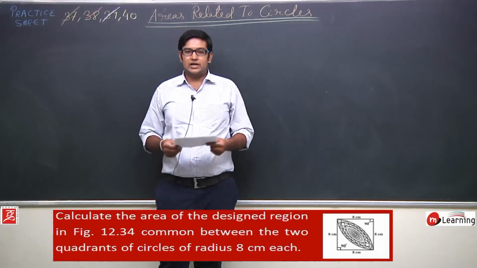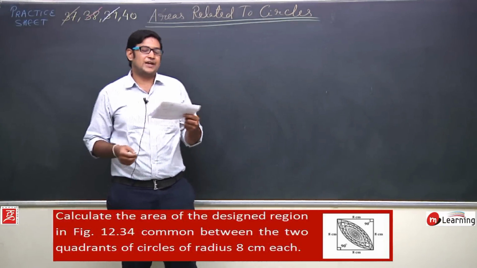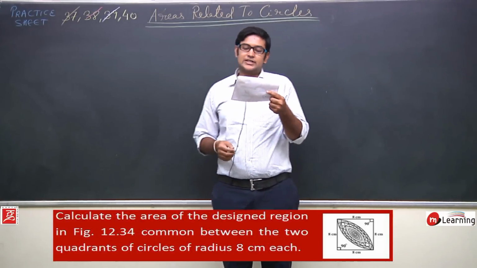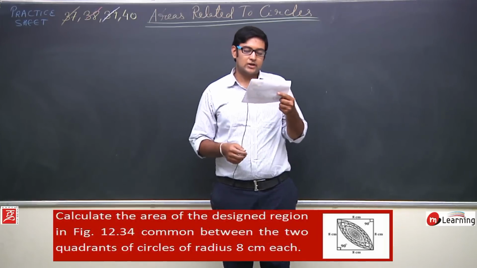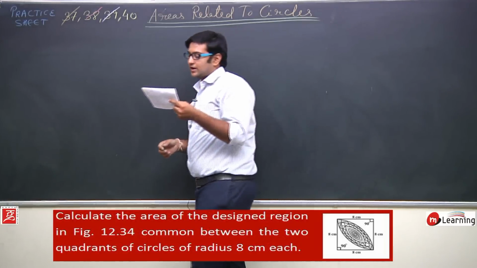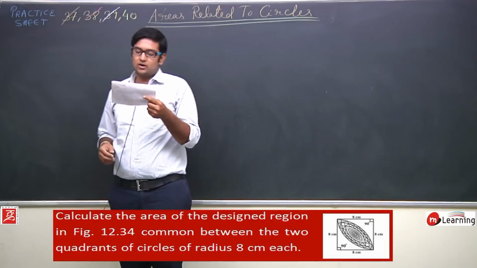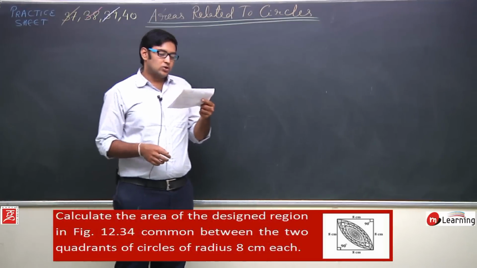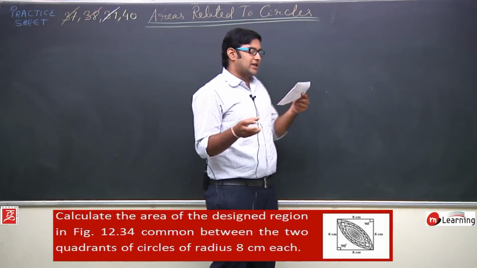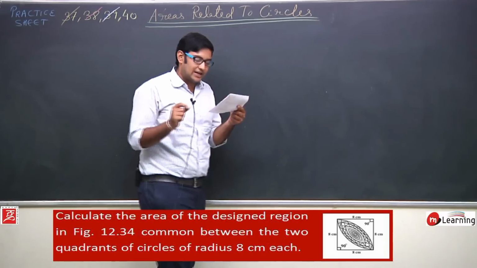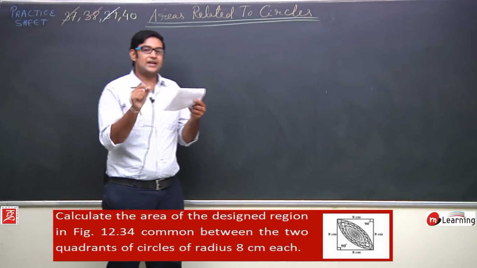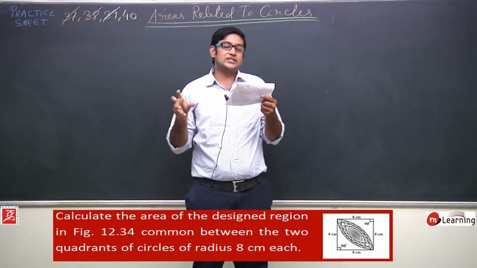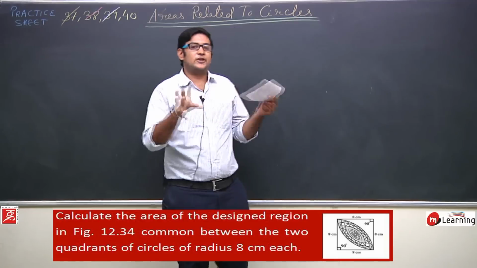Now let us solve question number 40 from the practice sheet. Question number 40 says, calculate the area of the designed region in the given figure common between the two quadrants of circles of radius 8 centimeter each. There is a region in which some design is made, and we need to calculate the area of this designed region, which is the common region between the two different quadrants.